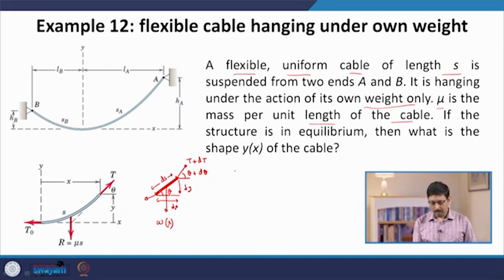Now, from horizontal force balance, we found our first equation, that the change in the horizontal component of the tension as we go from this end to the other end is 0. So, the horizontal component was constant.